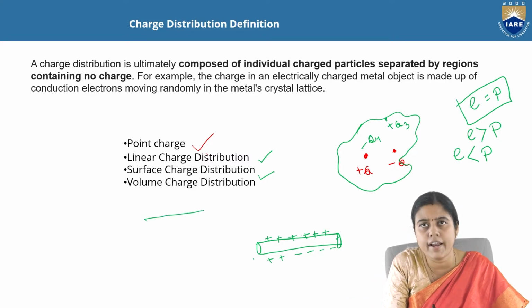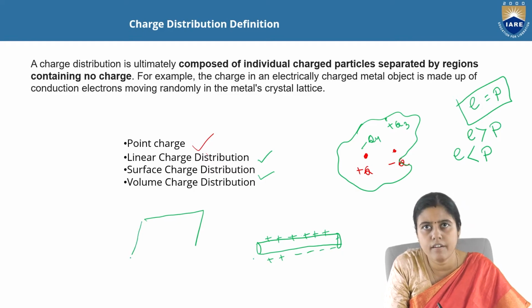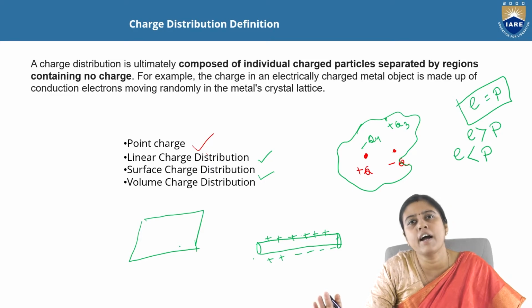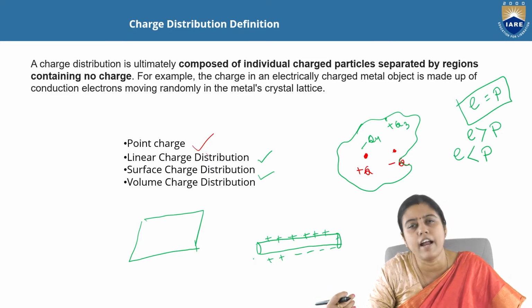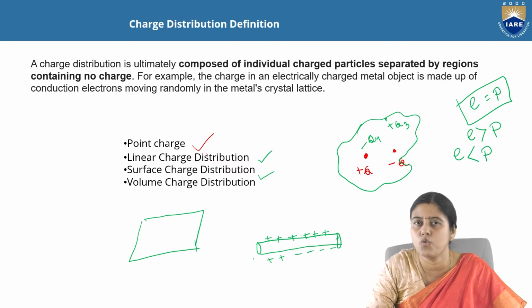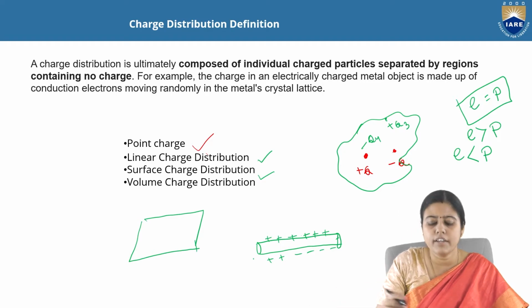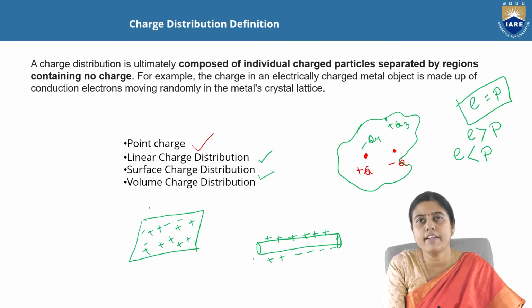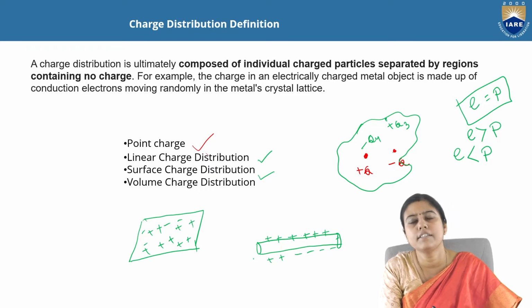If we think of this as a surface, I am taking a square surface, but the surface may be of any shape or size. It may be circular, square, rectangular, anything. In this surface there are a lot of charges throughout the surface.